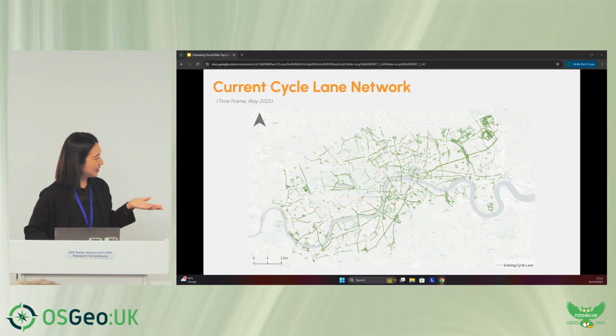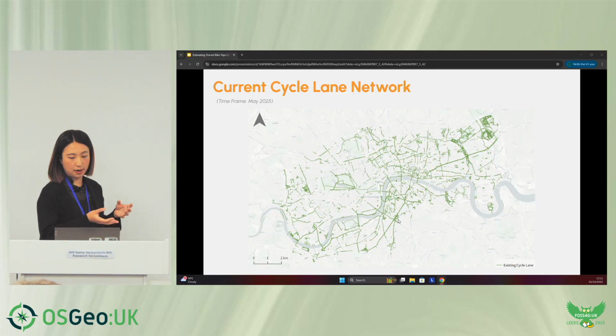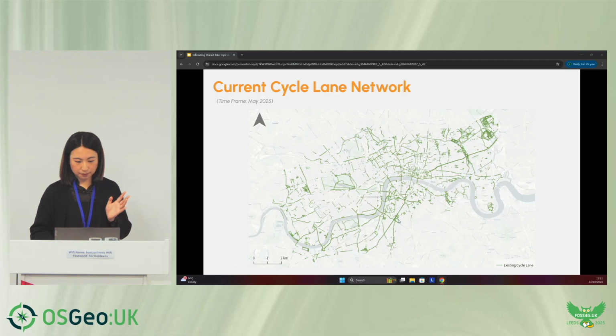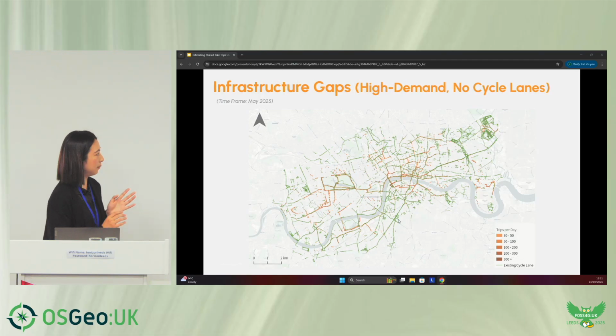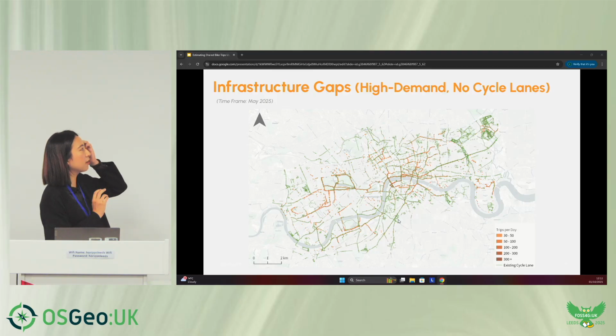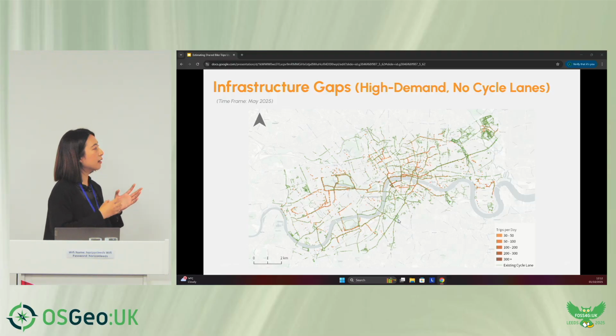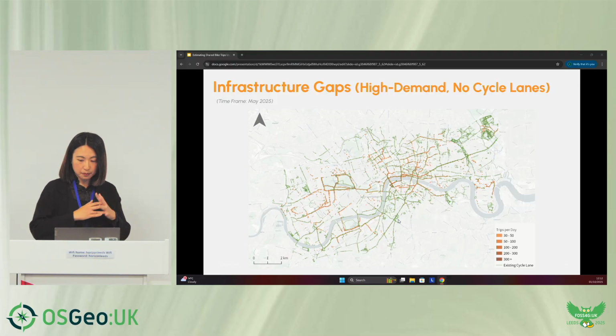After getting this result, I thought, what happens if we compare the pattern with the actual cycle lane network? And this is the current cycling infrastructure in London. I overlaid it with the hexes I got from the trips, and I only selected those in high-demand areas, which are hexes with more than 30 trips per day.